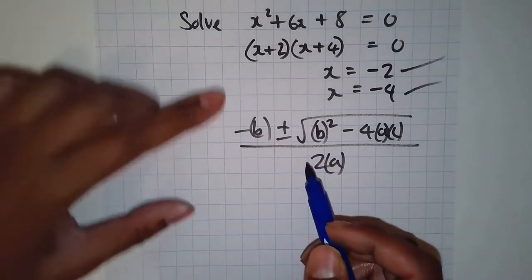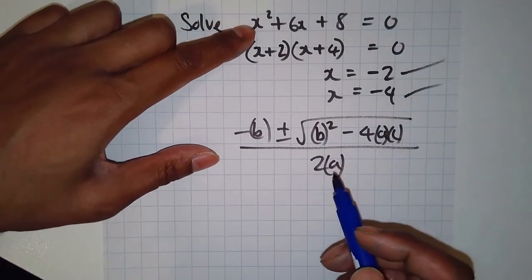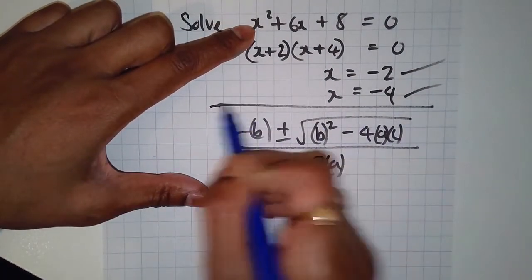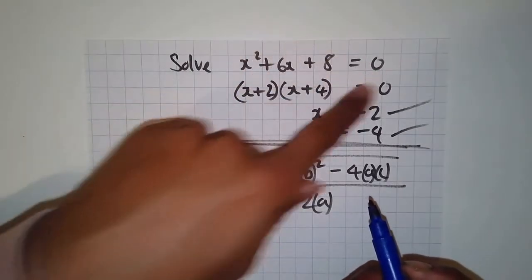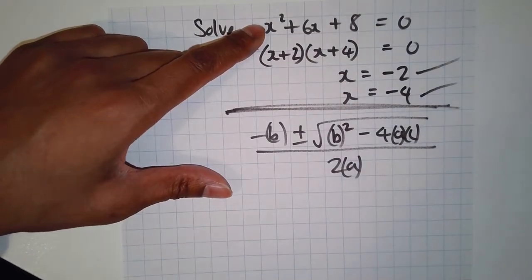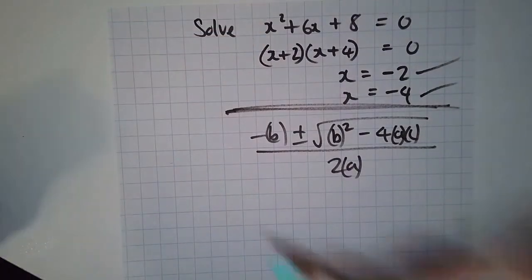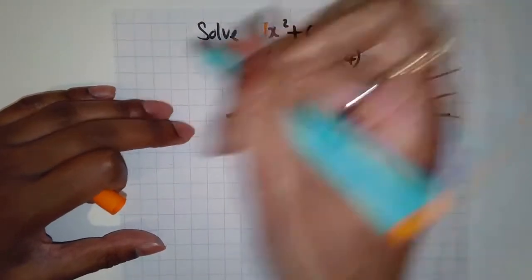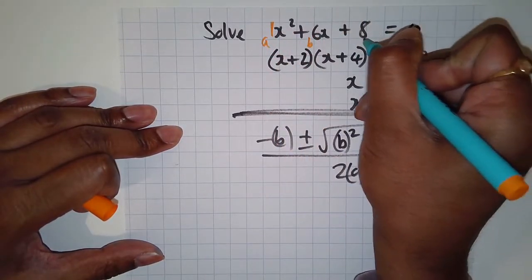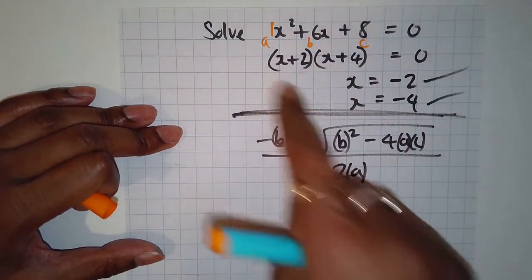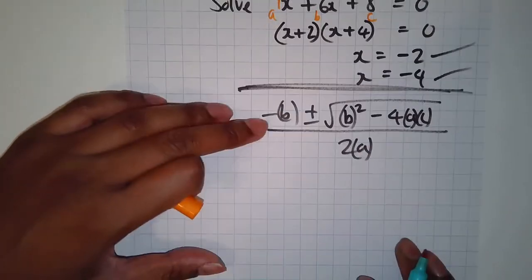Right then, what do we have? Going back to this one here, I'm solving this one again. Don't forget there's an invisible 1 here. So A is equal to 1, B is equal to 6, C is equal to 8. And that's what we need to substitute into our formula.